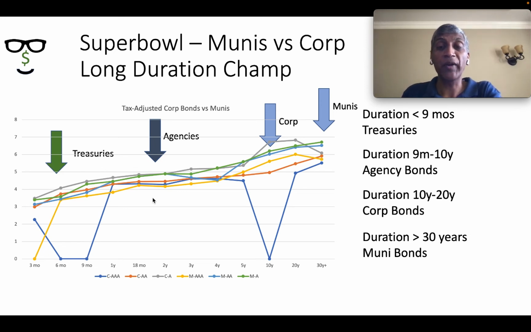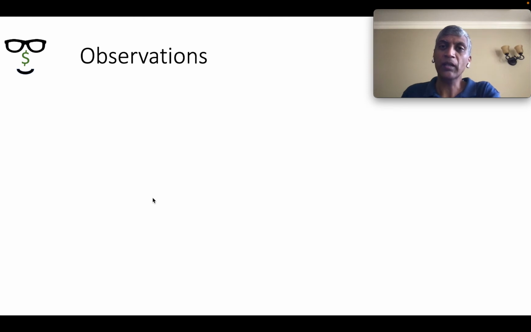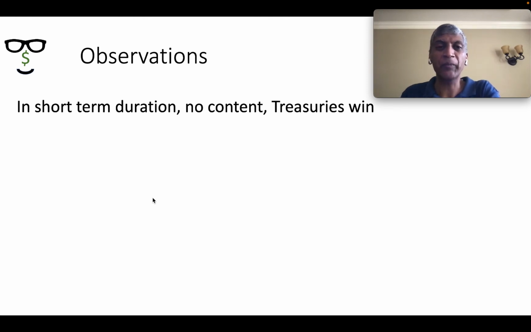There are other considerations as well, and we'll talk about some of those. What this is telling you is the premium paid by Muni bonds on a tax-adjusted basis is still less than the premium paid by corporate bonds, and that is why corporate bonds continue to dominate in the yield curve on a tax-adjusted basis.